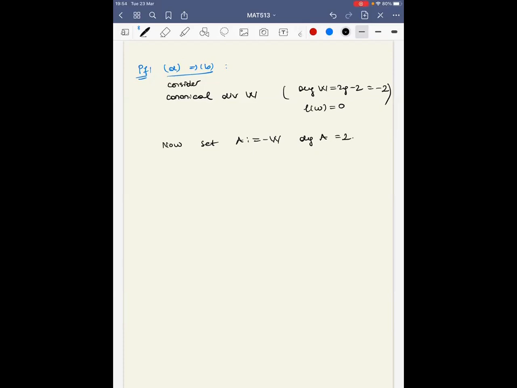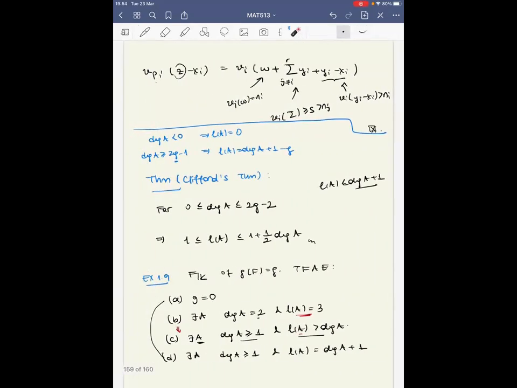This is 2, and since the degree is bigger than or equal to 2g minus 1, and by the assumption the genus is 0, we know that its dimension is equal to its degree plus 1 minus g. In this case, it's going to be 3. And it shows the existence of such a divisor.